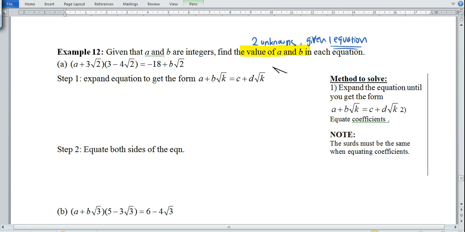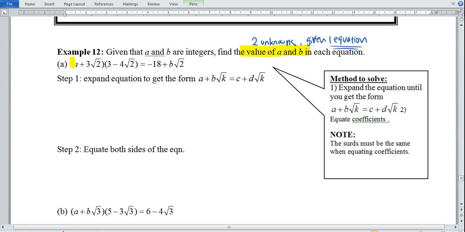Basically for this question, we realize that my a is hidden in the bracket, and my b is on the other side. But we are not ready to compare yet, because for us to compare, it has to be in this form, and on one side we have two brackets that are clearly not simplified yet.